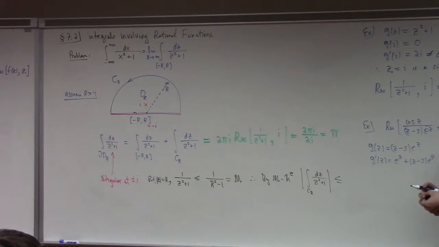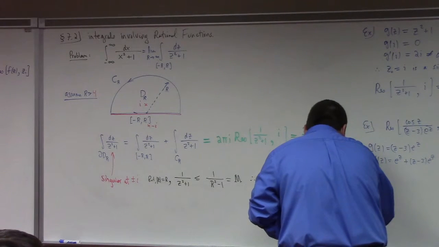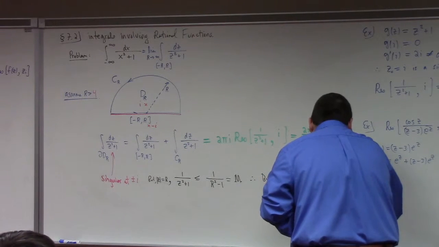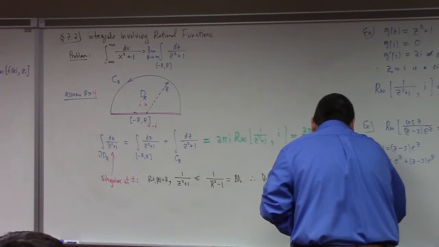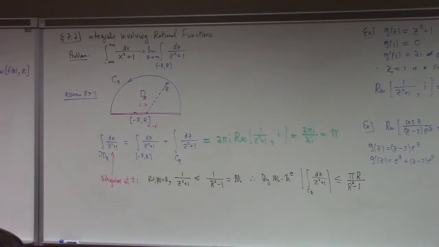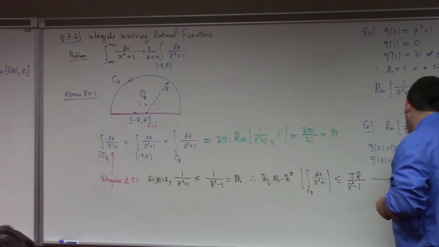Pi r. Okay, yes. Sorry, I'll try to be less condescending in my questioning. So we have that pi r over r squared minus 1 is a bound on that integral. What happens as r goes to infinity? This goes to 0 as r goes to infinity, right?